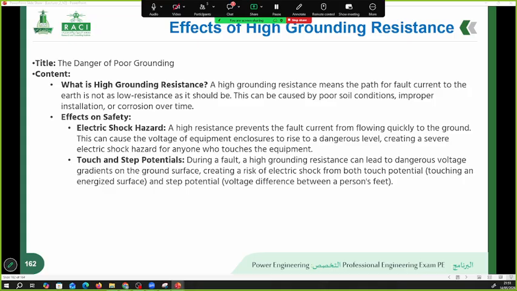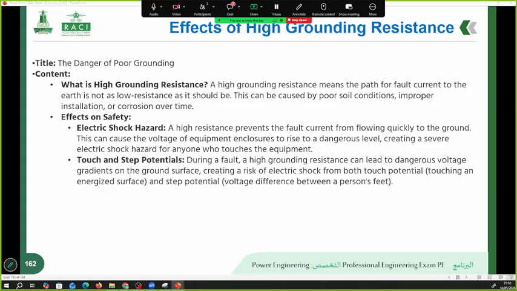So a high grounding resistance means that the electrical connection between the system and the earth is not as conductive as it should be. The path for fault current to follow safely into the ground is impeded.